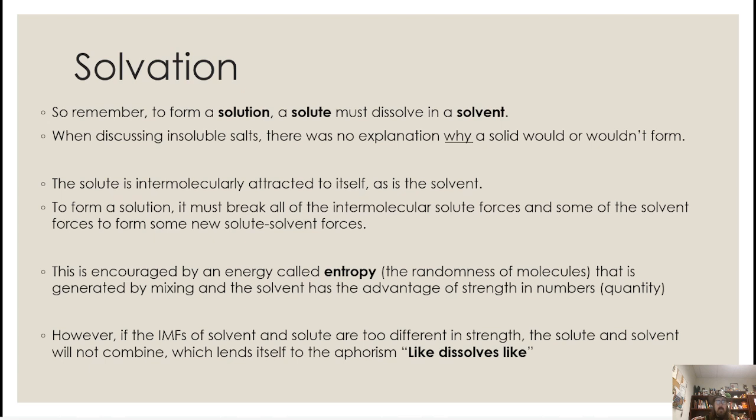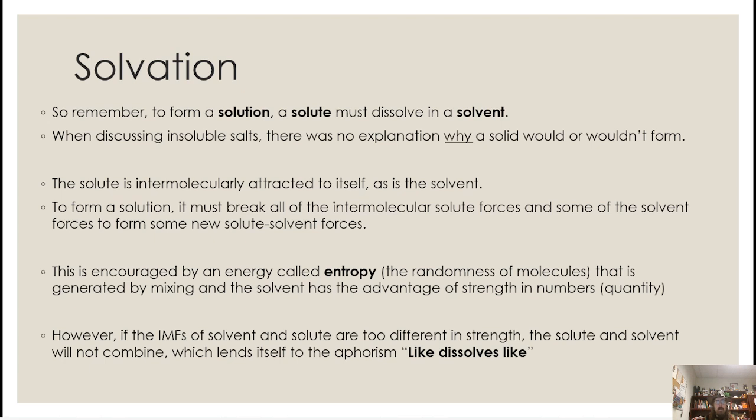The solute is usually bound to itself, whether this be as an ionic solid with a bunch of ionic bonds, some sort of covalent network solid with a bunch of covalent bonds, or maybe a molecular solid or metallic solid. Now, some of these have weaker bonds, some of these have stronger bonds.